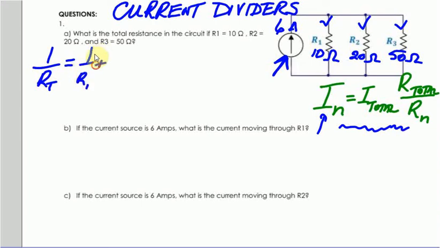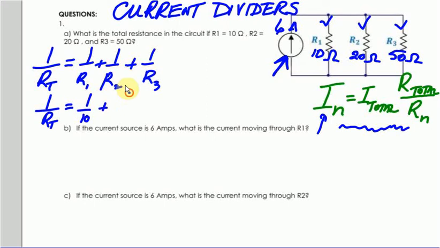So 1 over R1 plus 1 over R2 plus 1 over R3. So that's 1 over RT equals, R1 is 10, so that's going to be 1 over 10. R2 is 20, so that's 1 over 20. R3 is 50, so it looks like this.